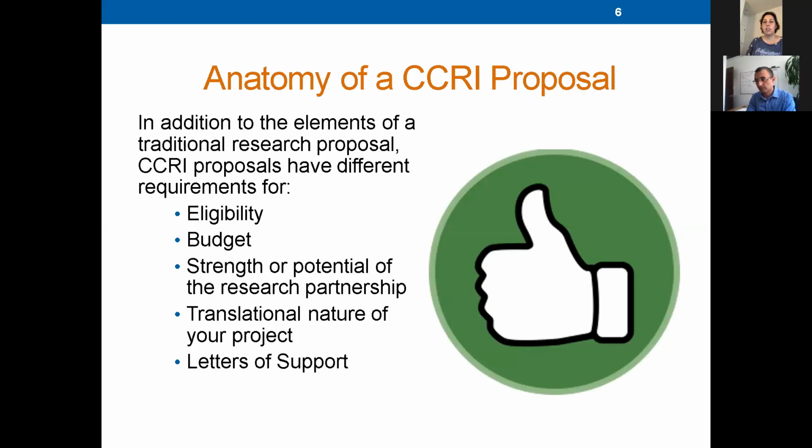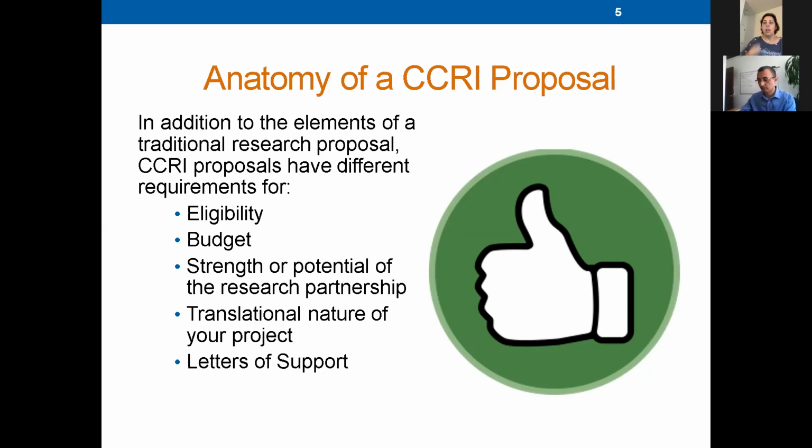Okay. So in terms of eligibility, every CCRI has to have a community partner and a UCI partner. So you have to have at least two people representing, one the university and the other a community group.